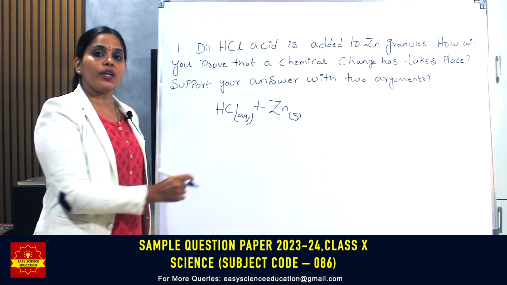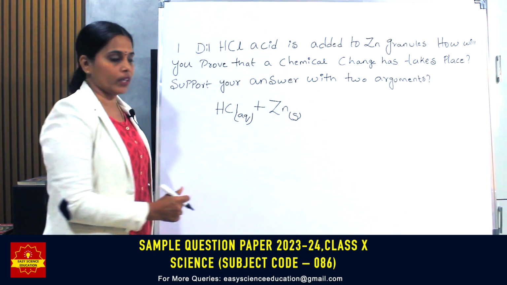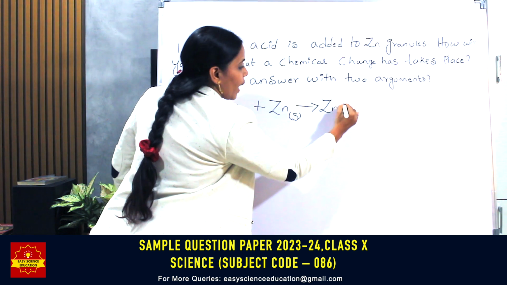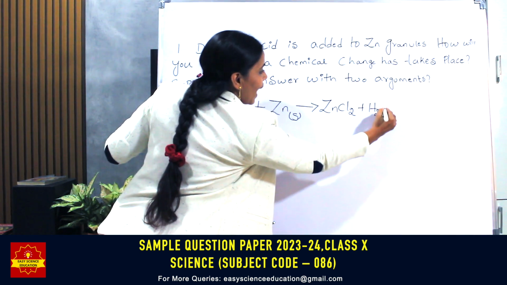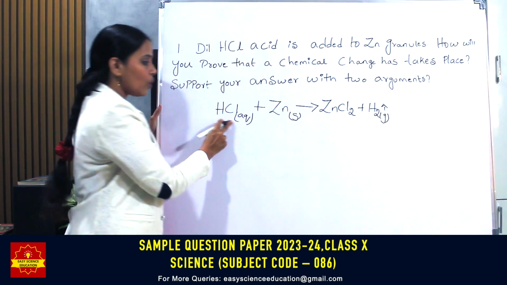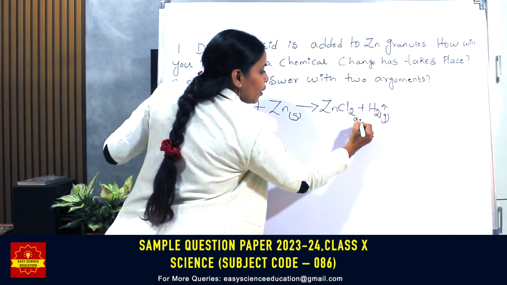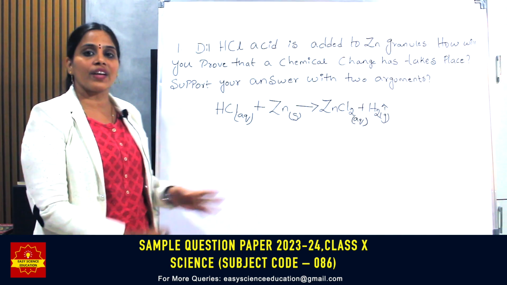It's important to mention the physical states of the reactants and products. That gives rise to zinc chloride, ZnCl2, plus hydrogen gas liberated in this reaction. As hydrochloric acid is an aqueous solution, zinc chloride will also be written as aqueous. So this is the chemical reaction.